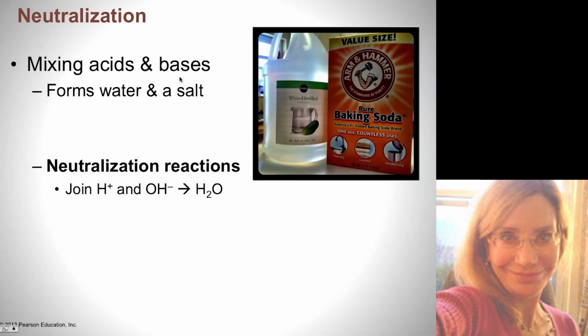Neutralization is when you mix acids and bases, and then you form water and a salt. This is showing acetic acid, vinegar, with baking soda, and when you mix them together, they will form water, actually. So you join the hydrogen ion and the hydroxyl ion to make water.